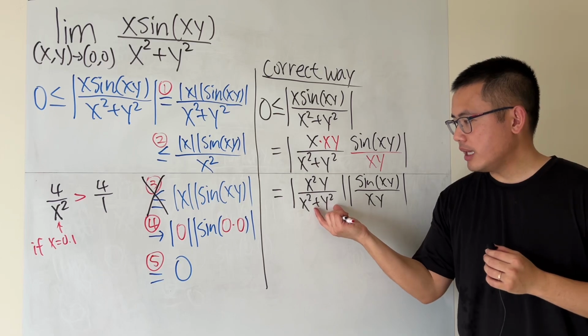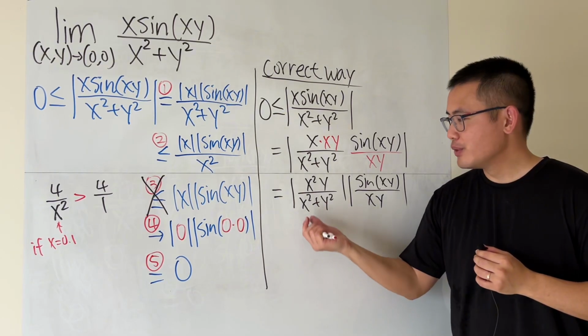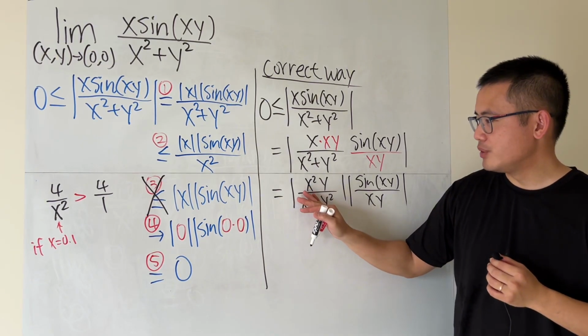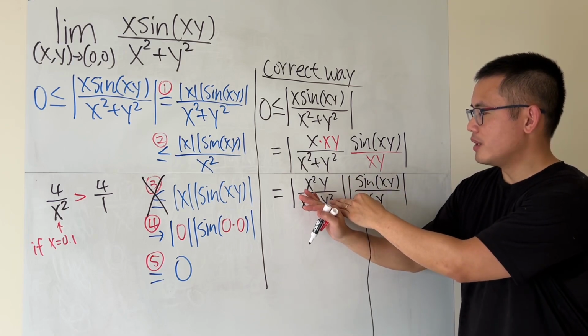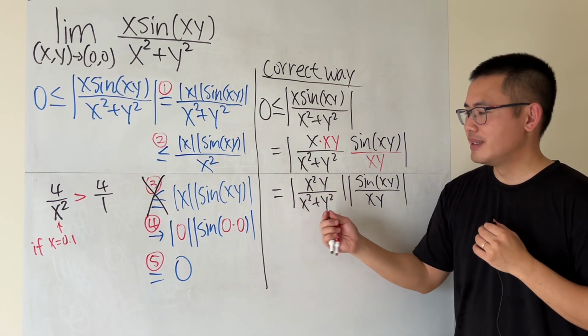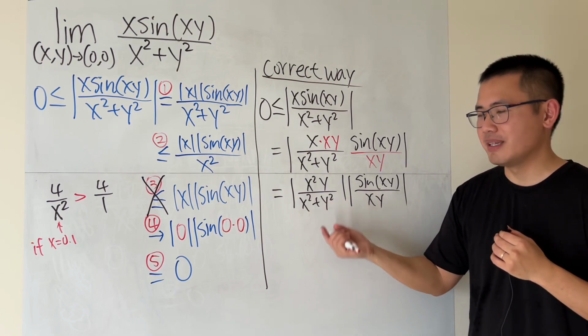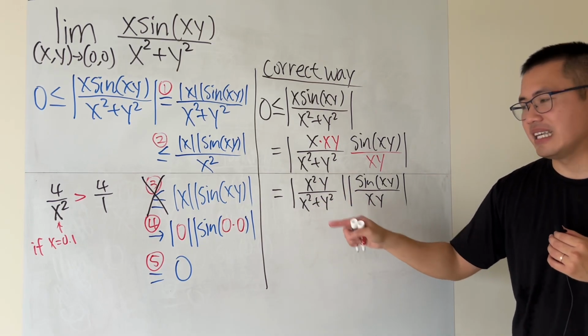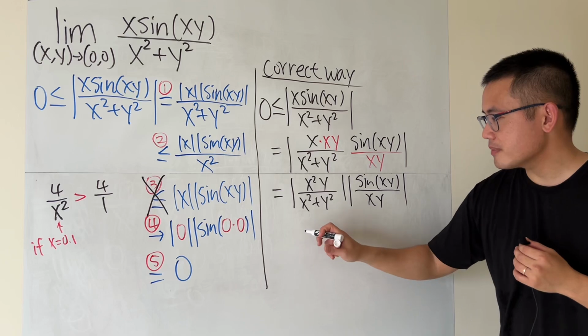I am going to take away, which one? Do not take away x squared, because if you do so, y and y squared, only one of the y's can cancel. We will still have a y on the bottom. Take away y squared, it's better, because this and that match exactly, so we can cancel them out.